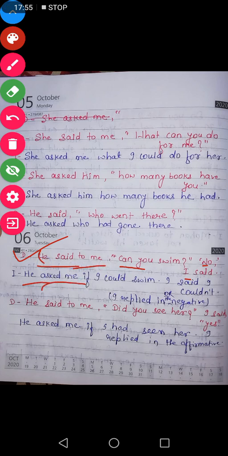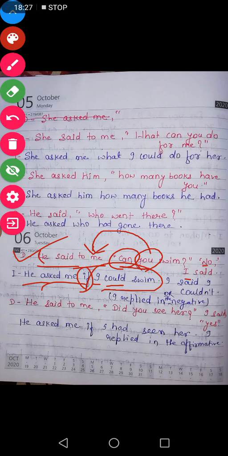Up to here there should not be any confusion, and because can you swim is yes no question, that is why removing the inverted comma we have used if. You is which person? Second person will be changed according to the object. Object is me, that is why it became I. Can changed into could. So he asked me if I could swim. Up to here there should not be any confusion.